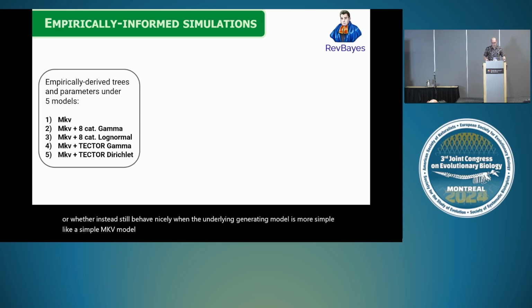So we picked empirically derived trees and parameters from previous analyses under 5 different models. These are the simple MKV model, the MKV model with 8 categories gamma, MKV model with 8 categories log-normal, MKV with tector gamma, and MKV with tector Dirichlet.